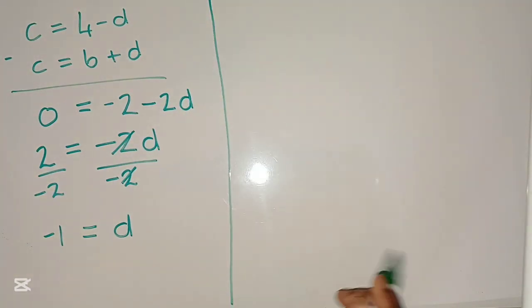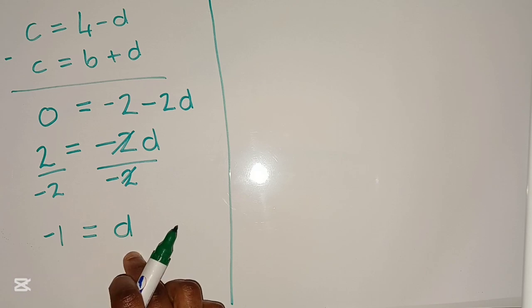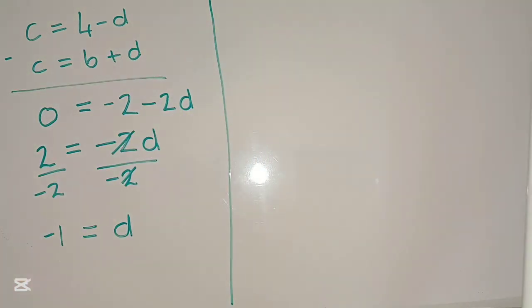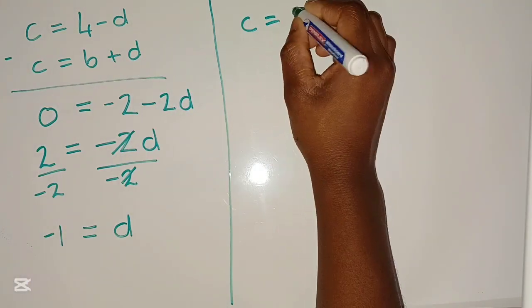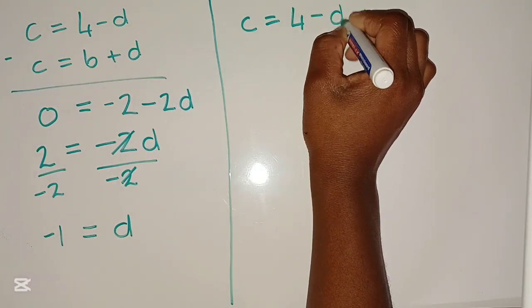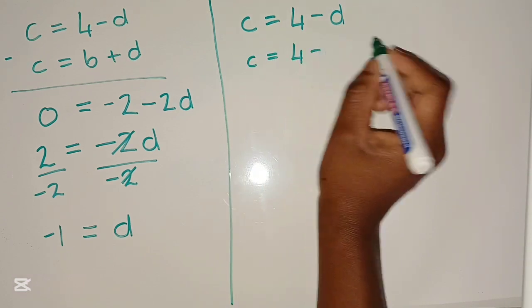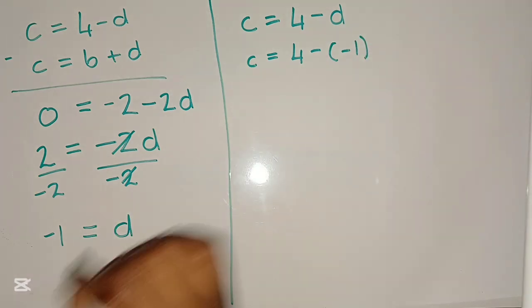Now, let us find C. Since we have the value for D, we can substitute the value of D in any of these two equations. I'm going to substitute it in the first equation, which is C equals 4 minus D. C equals 4 minus, the value for D is negative 1.